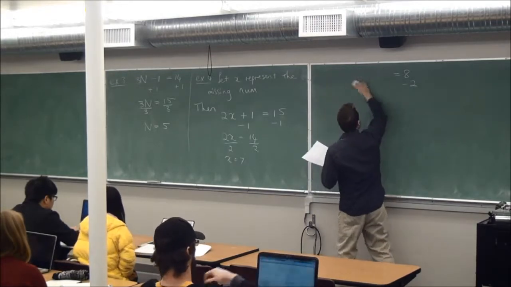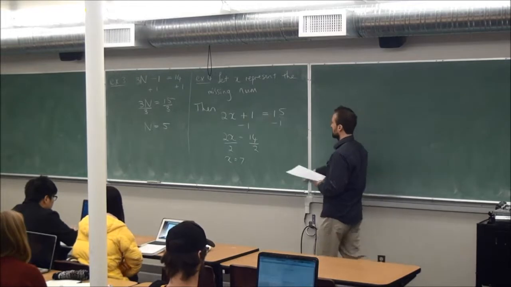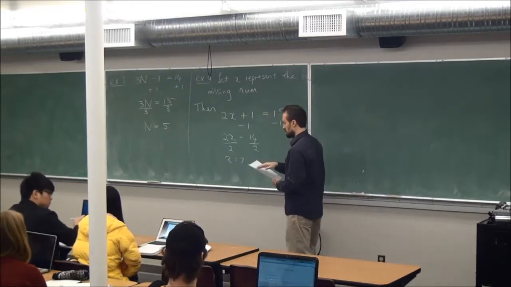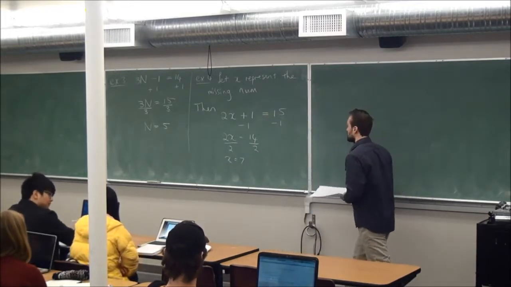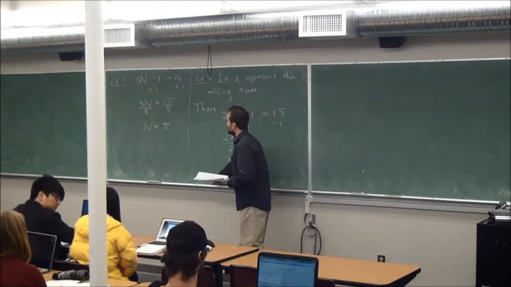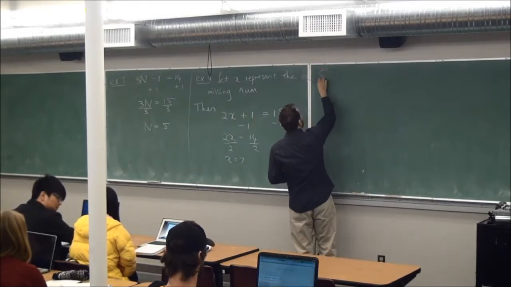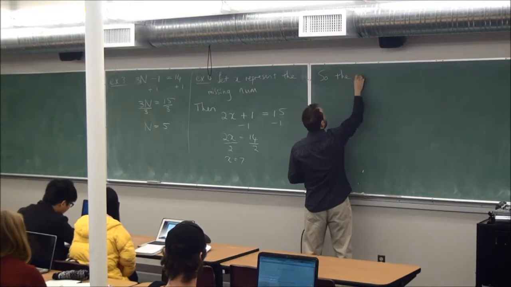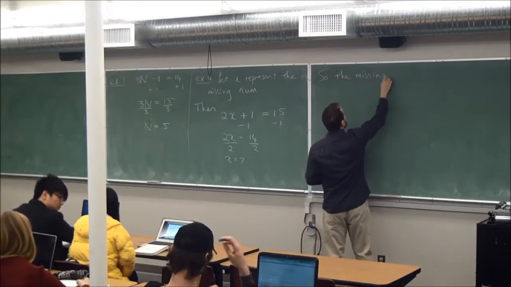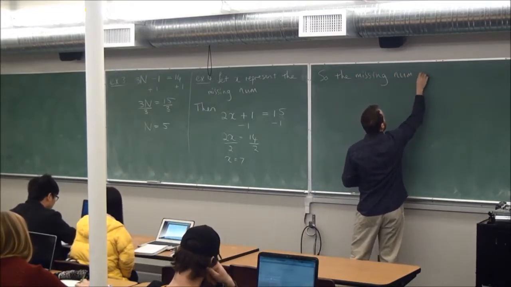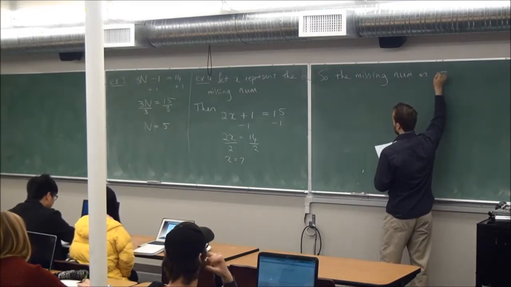There was no x in the question, so I can't leave this. This x means nothing because there's no x in the question. I just used an x to find the answer. So I'll say, so the missing number is 7.